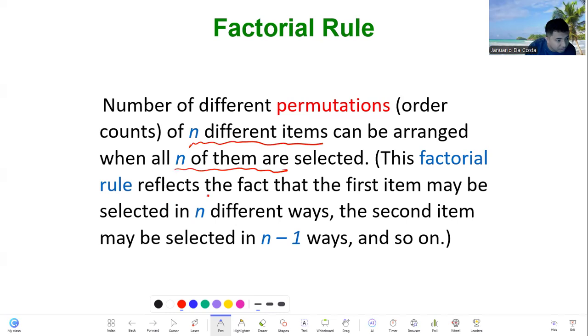The first item may be selected in n different ways, the second item will be selected in n minus 1 ways, and so on. For example, in a basket we have oranges, we have apples, and then what else? More oranges than apples, and then some other fruits, for example.